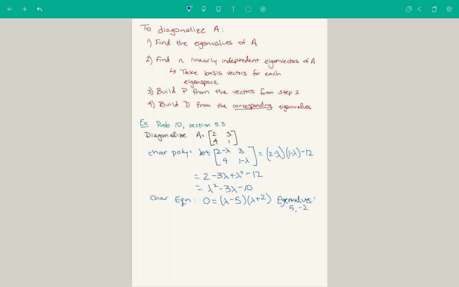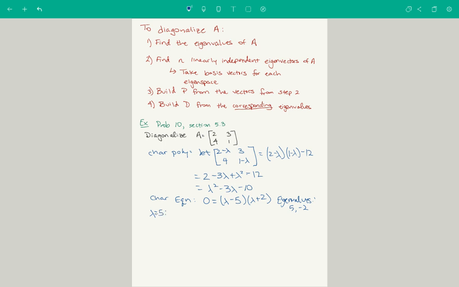Okay, so step 1 complete. We have found our eigenvalues. Now we want to find our linearly independent eigenvectors, and we're going to do this by taking basis vectors for each eigenspace. So let's start off with maybe lambda equals 5 and find the eigenspace for that.